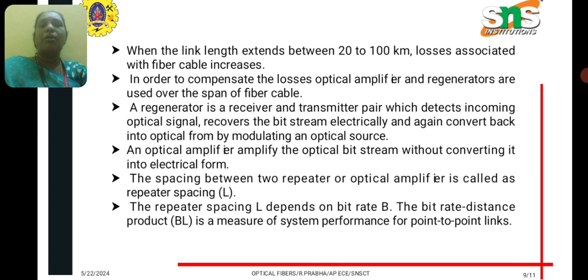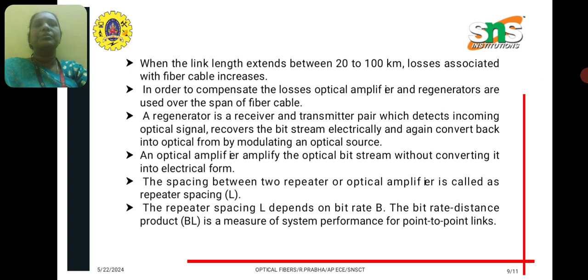The optical amplifier amplifies the optical bit stream without converting it into electrical form. There is a parameter called repeater spacing, which is the spacing between two repeaters or optical amplifiers. The repeater spacing is denoted by L, and it depends on the bit rate B. The bit rate distance product BL is a measure of system performance for a point to point link.